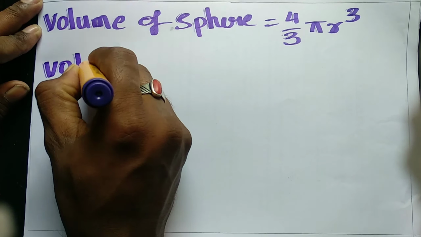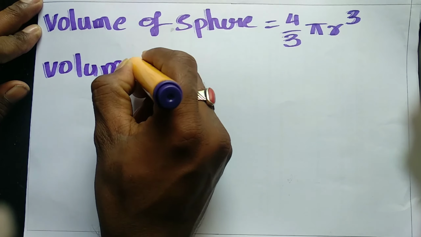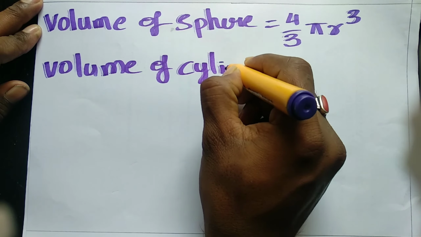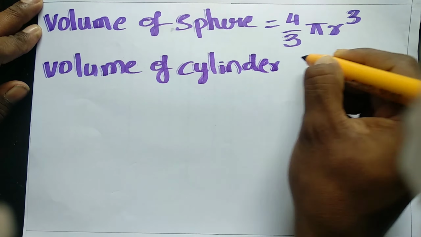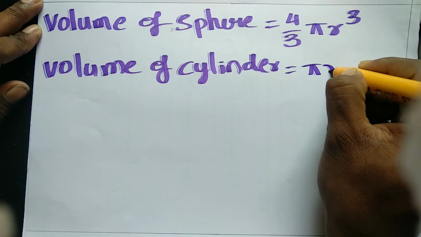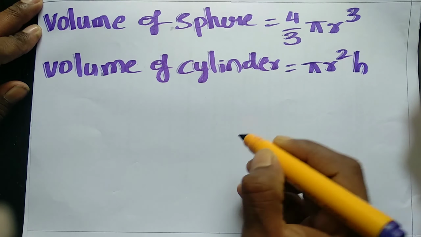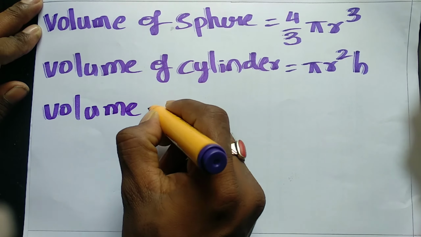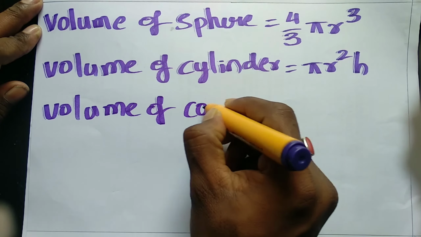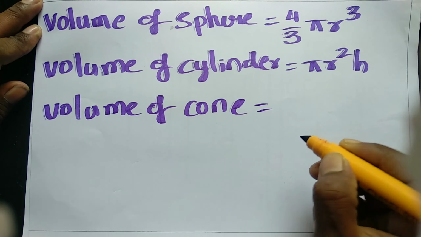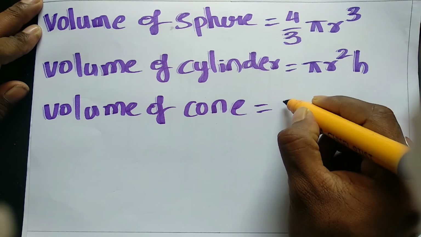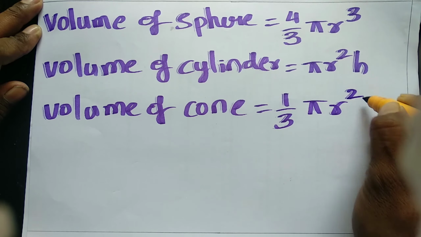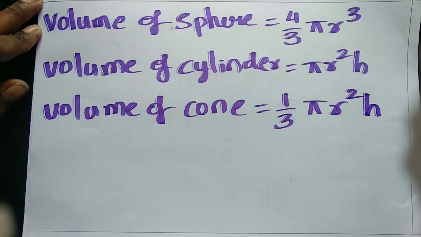Next, volume of cylinder equal to pi r square h. Next, volume of cone is equal to 1/3 of volume of cylinder, that is 1 by 3 pi r square h.